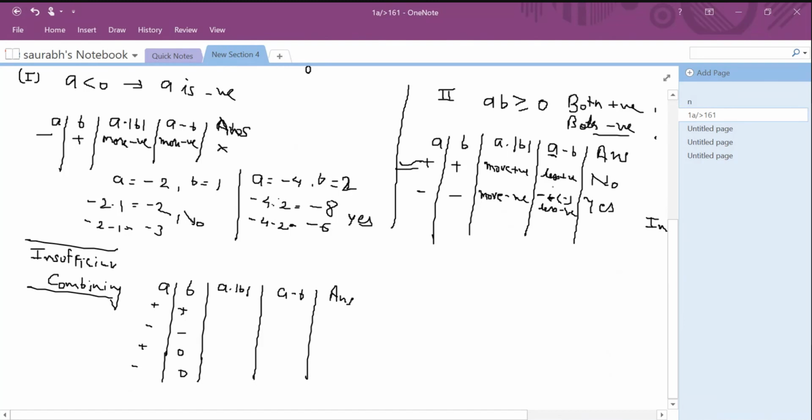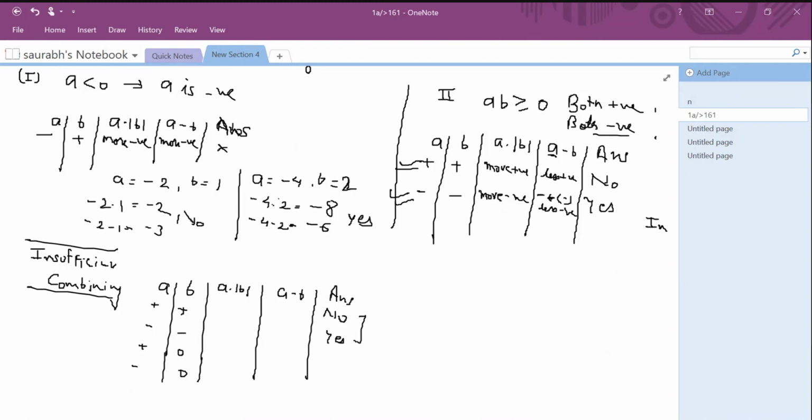It's a no. And minus also we have checked. That's a yes. So you can always recycle the information from the first statement and put it to use by combining them.